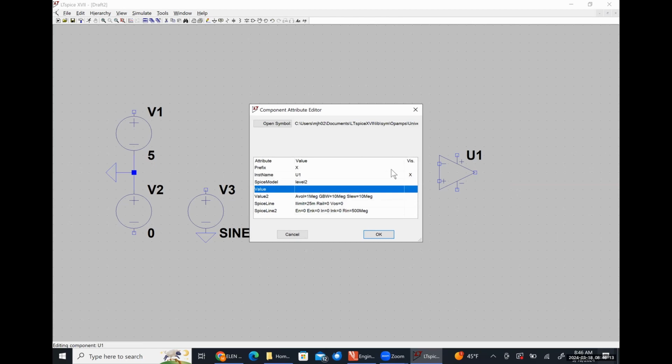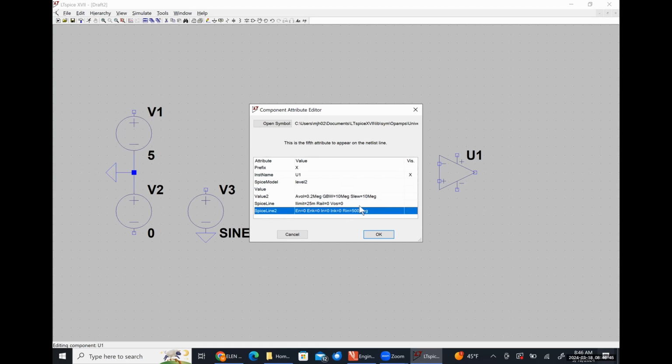We're not really going to have to change too much in this class, but we can see that it's roughly behaving how we would expect it to be. Our open loop gain here is 1 meg, so that's 1 million. We could change that to 0.2 meg if we wanted to.